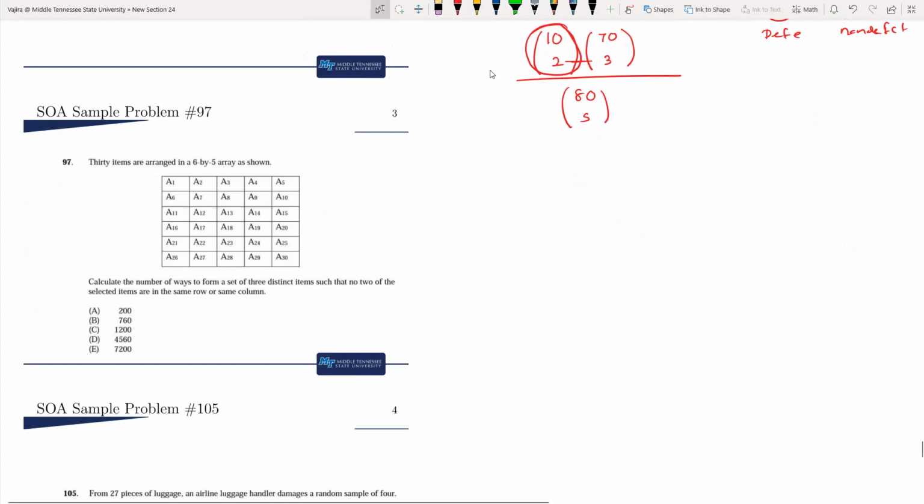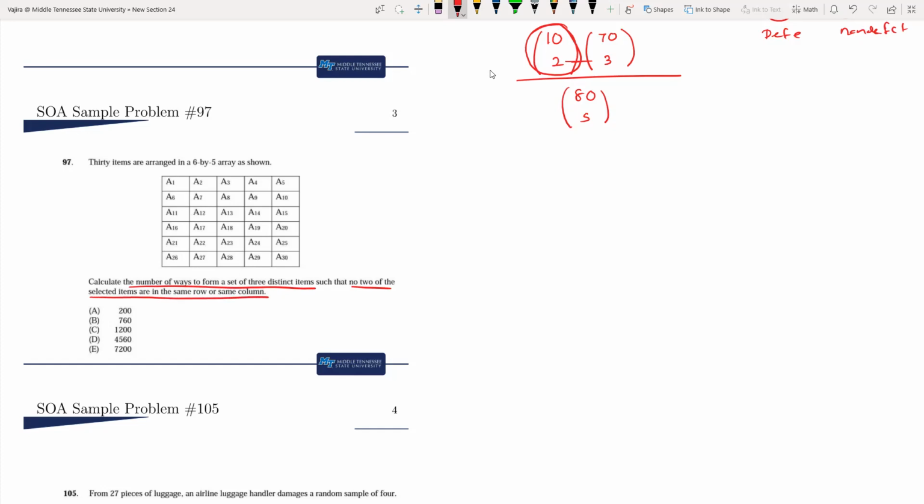So here you can see another problem. This is sample problem 97. This one says 30 items are arranged in a 6 by 5 array like this. And we want to calculate the number of ways to form a set of 3 distinct items such that no 2 are in the same row or the same column.